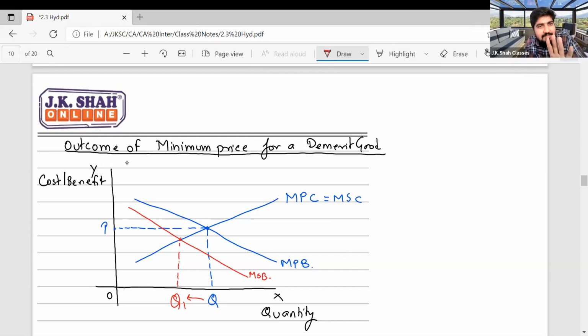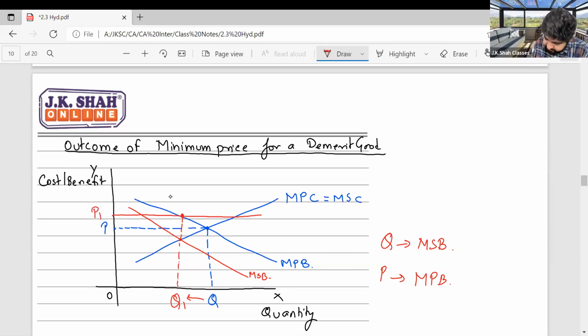Government says, hold on, baby. Quantity we will determine by MSB, but price let it be determined by MPB. How, sir? Take it ahead to this point, and you will be fixing a price which is this level. So fix the price which will be P1, and this red line, the minimum price.